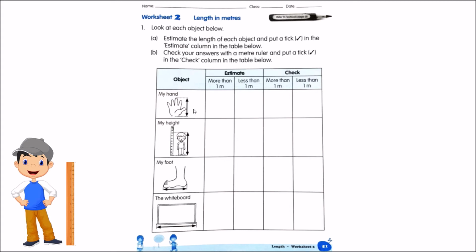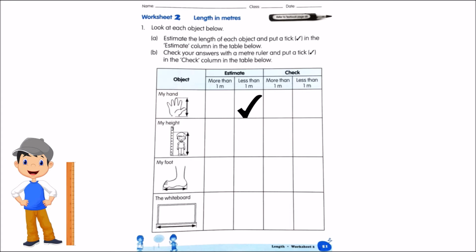Now, look at your hand. Do you think your hand is more than 1 meter or less than 1 meter? Yes, I think so too. I think my hand is less than 1 meter.